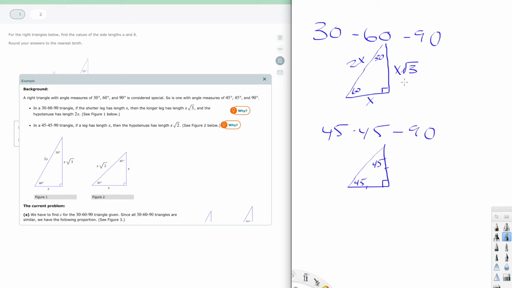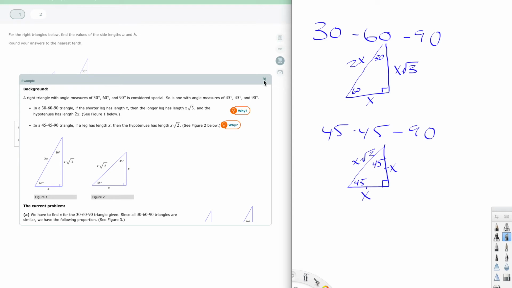So this is a very specific relationship that comes up here. On a 45, 45, 90, if we have the sides equaling x, then the hypotenuse, again across from the 90, is going to be x times the square root of 2, like that. So using this relationship, we can kind of go around the triangle and figure out any of the missing pieces.